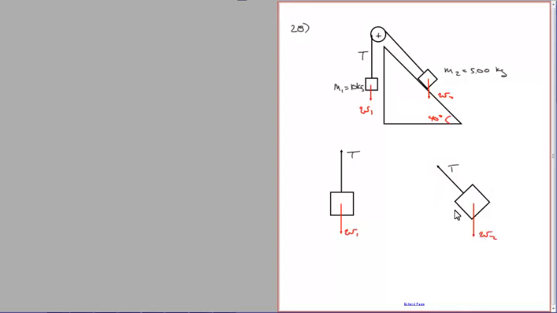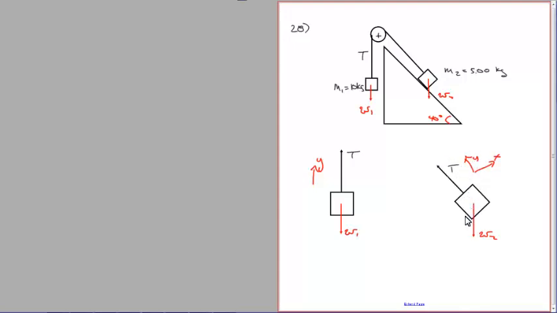And what we're going to do is define positive Y in this direction for this particular diagram, and we're going to call positive Y in this direction and positive X in this direction. It's completely arbitrary, it doesn't really matter, but the problem is that this one is in the Y direction.